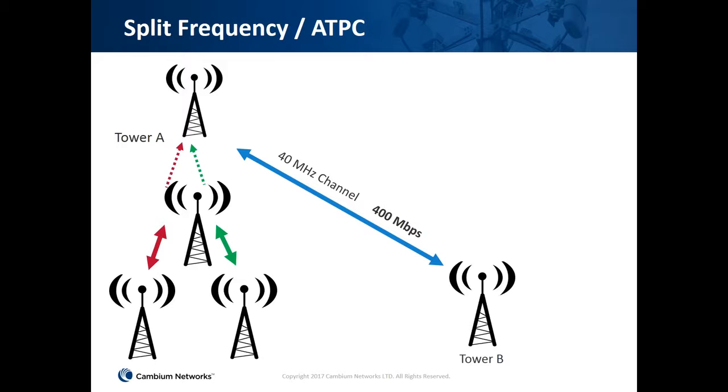In the scenario that we're going to talk about, ATPC comes in really handy. Let's say you are on tower A and you want to connect to tower B. You've done your research and you find out you have a really good clean spectrum, a channel bandwidth of 40 megahertz that is available, and you should be able to get a throughput of around 400 Mbps with the PTP 670.